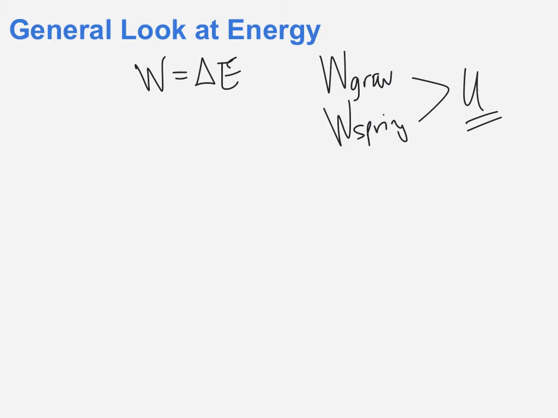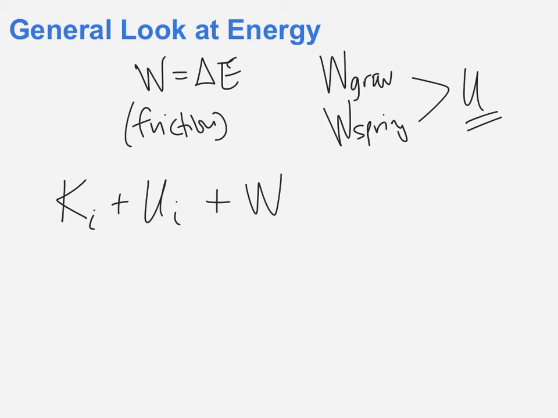But if I do have some sort of non-conservative force like friction or air resistance or something like that, then I can say this general statement. And the general idea is that the kinetic energy that I start with plus the potential energy that I start with, and then if I combine that with any work that's being done by those non-conservative forces like friction, that should tell me the kinetic energy that I end with plus the potential energy that I end with.